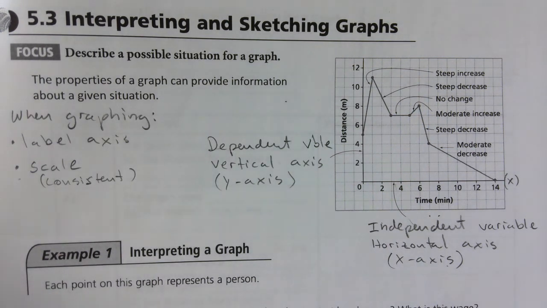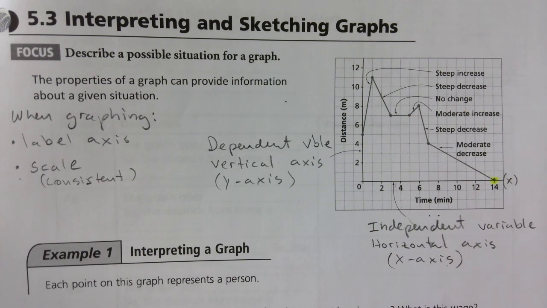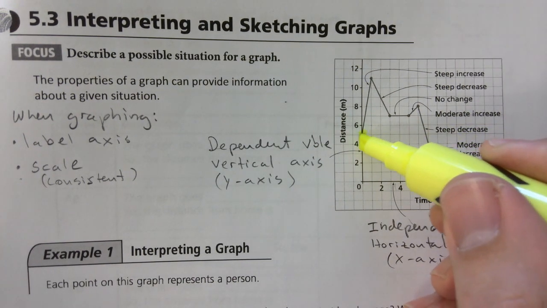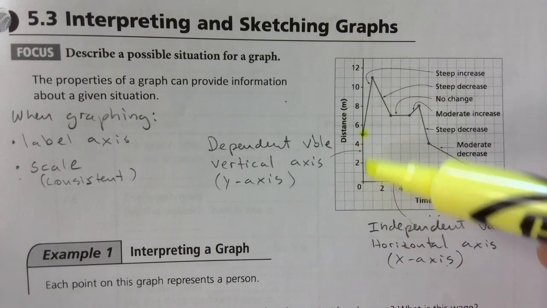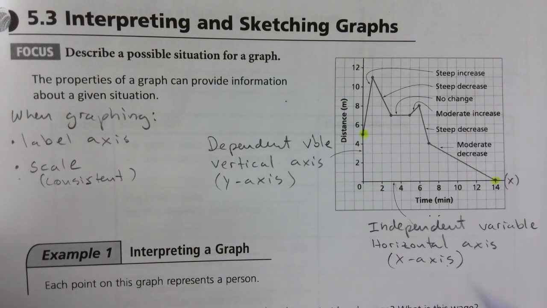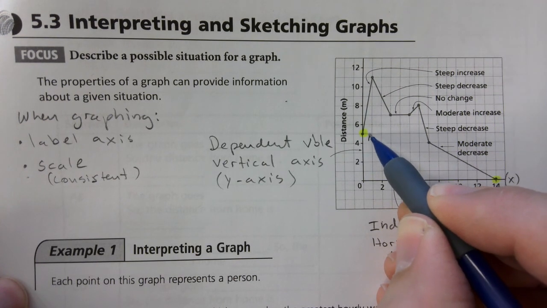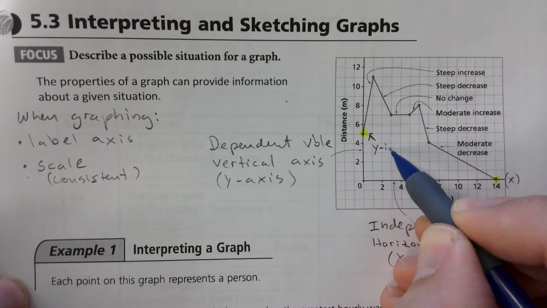I will also tell you, and I will highlight them, we are really keen on in this course, there are 2 points right here. We call those the intercepts, but specifically this one is called, I'll just put an arrow to this one, that's the y-intercept.